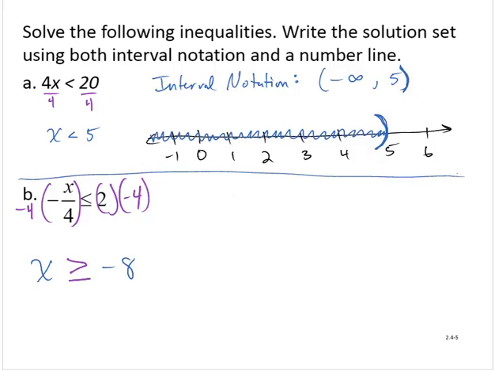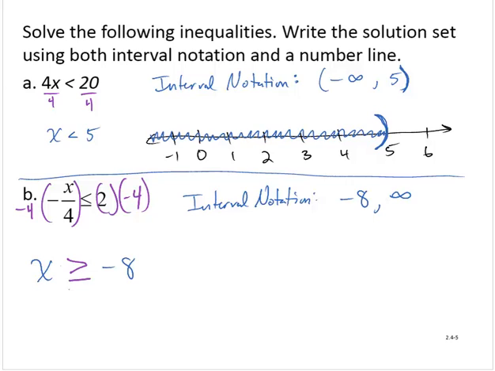So then the interval notation: we have the solutions are greater than or equal to negative 8, so the solutions start at negative 8 and go to positive infinity. So we go from negative 8 to positive infinity.